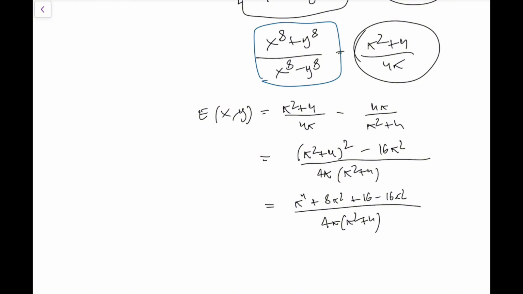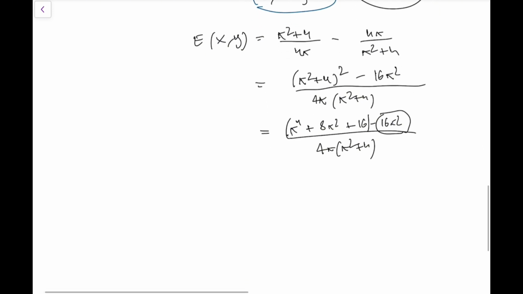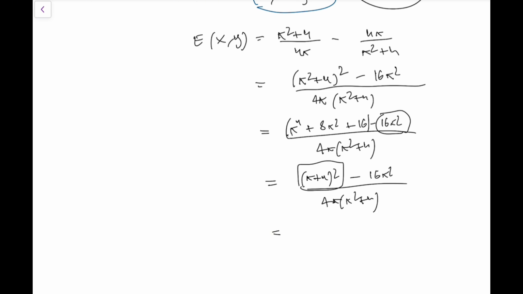But it's important to notice that this is a square. It's also a square, so we have a difference of squares, and because of that, I'm going to rewrite it. And since we have a difference of squares, we get the final solution.